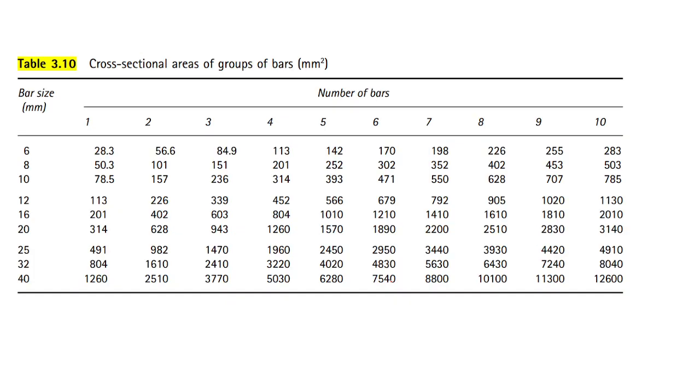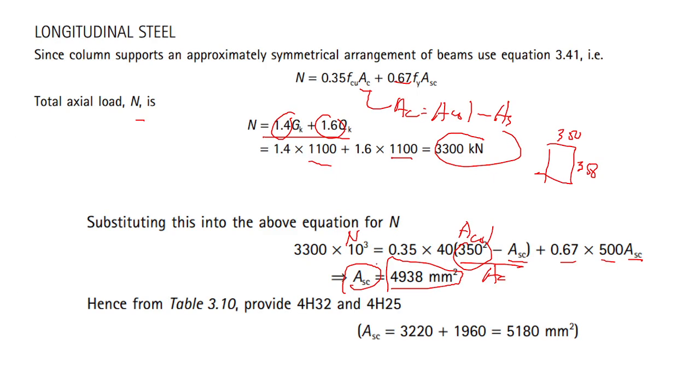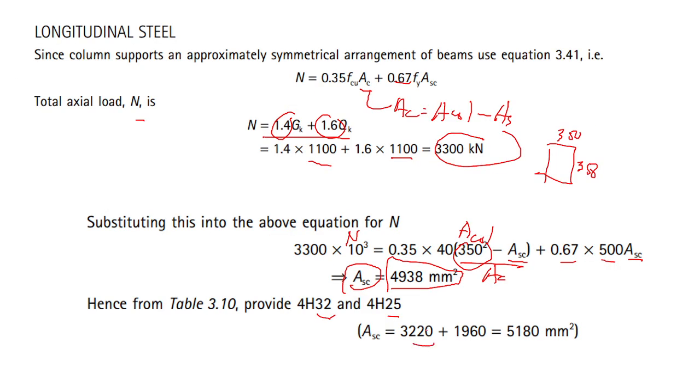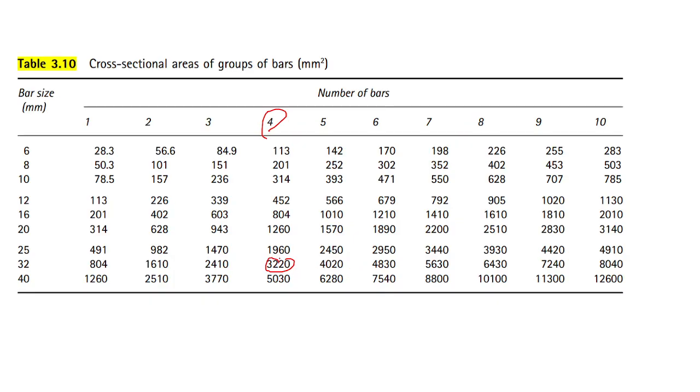You go to the table, you just look for the value of 4938. For example, how many pieces for 4938? Now you can have a combination. Okay, 4 pieces of 32 and 4 pieces of 25. 4 pieces of 32 give you 3220, and 4 pieces of 25 give you 1960.